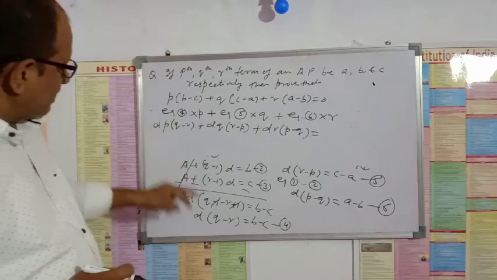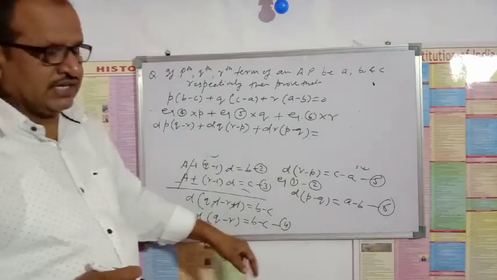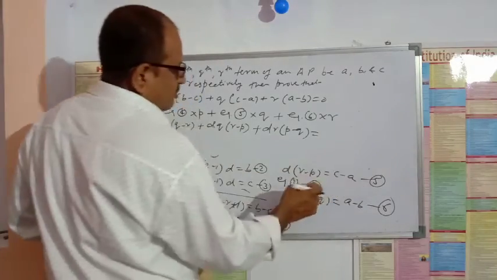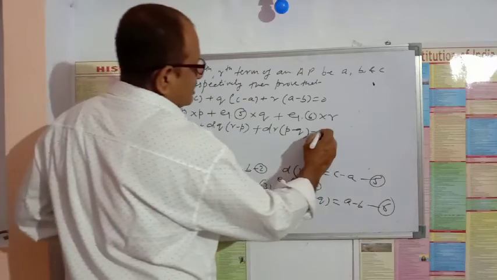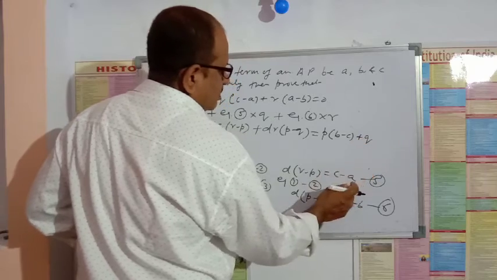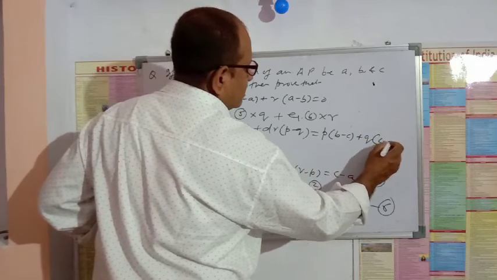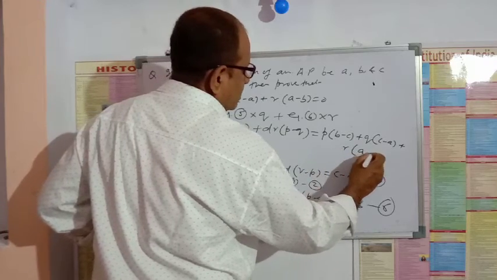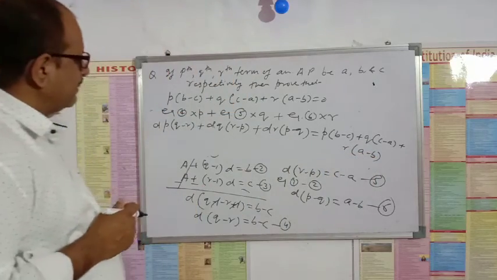So we have multiplied on the left hand side by p, q, r. Now we will multiply on the right side. So multiplying the right side, p into (b minus c) plus q into (c minus a) plus r into (a minus b). This is the right side.